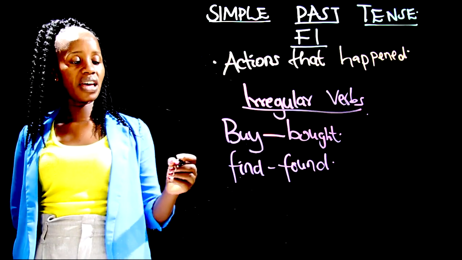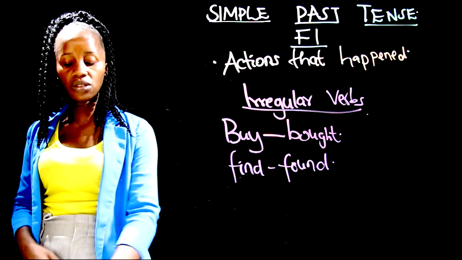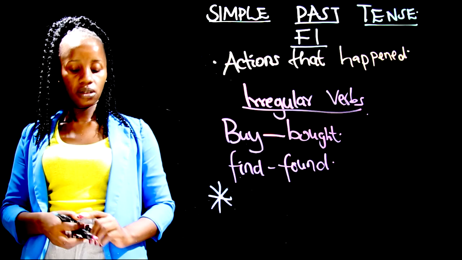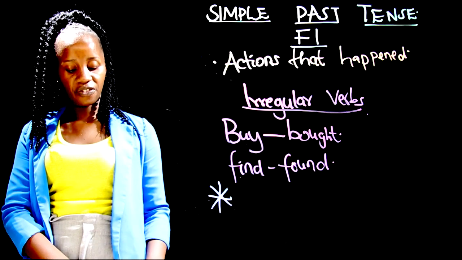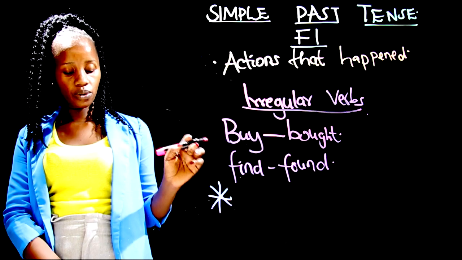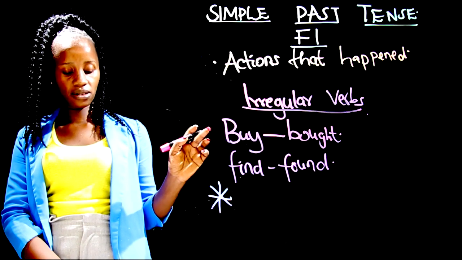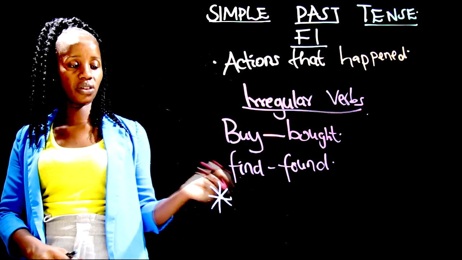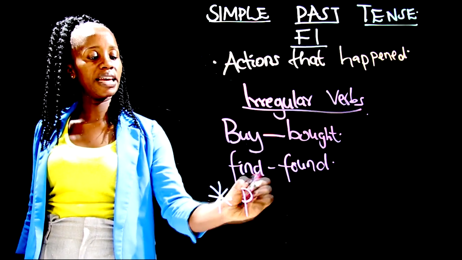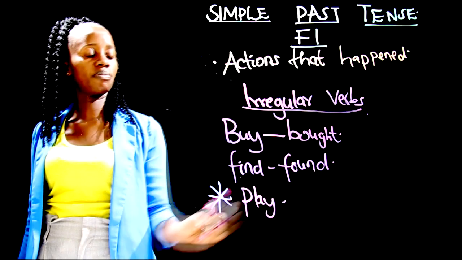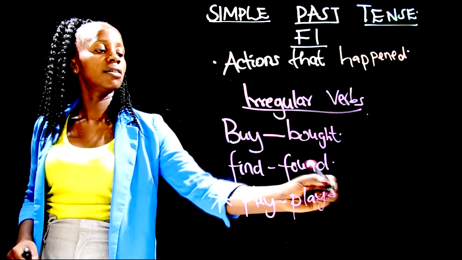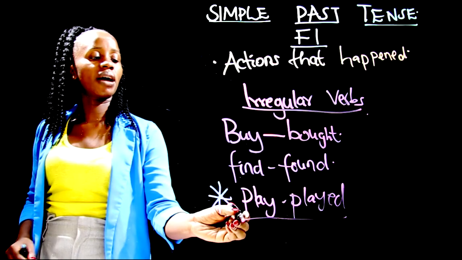No. Some of them, this is something you need to remember and note, so I'll put a star. If a vowel comes before the Y, we add ed. So, for example, play. What is the past tense of play? It will be played.